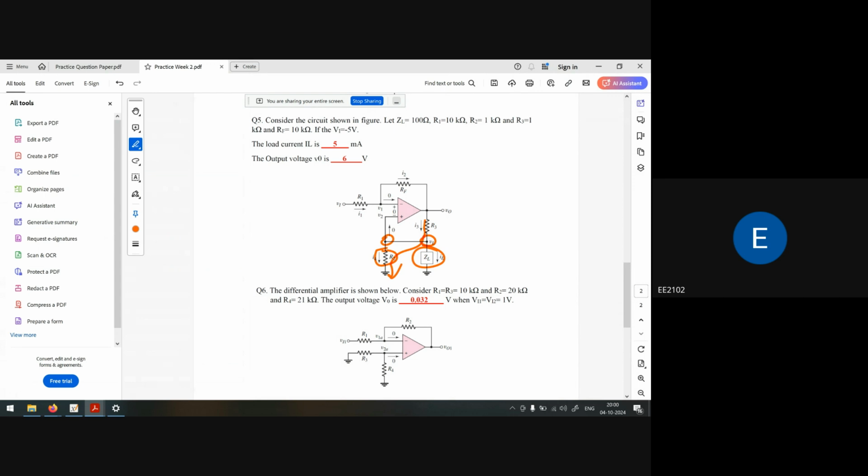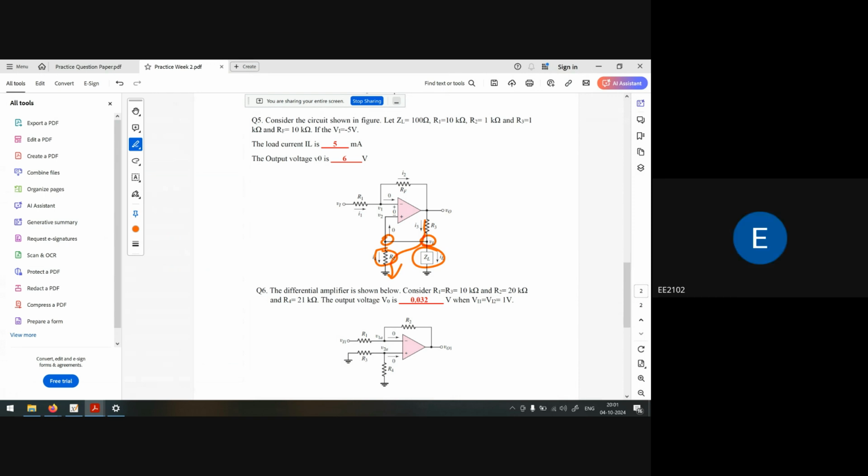Then even if we consider only R3 and ZL, we should also get the same answer, right? But are we getting the same answer, sir? The value of V out changes in that scenario.